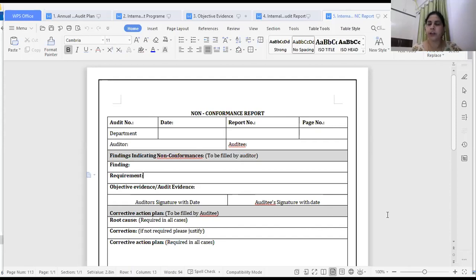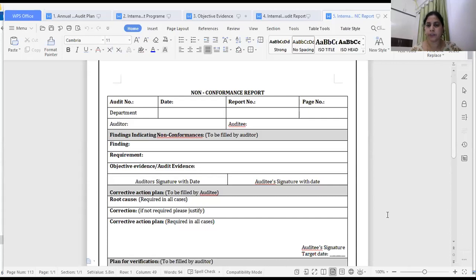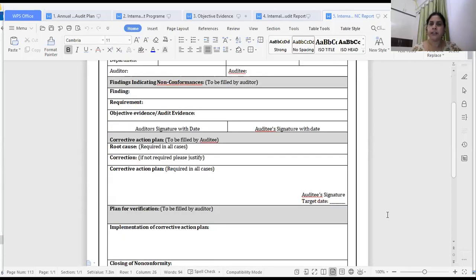And how is the auditee going to correct that? What is the correction plan, the action plan for that? Whom is he or she giving that responsibility to, or is he going to give you a flowchart saying that this is the way I'll work and I'm going to finish this particular thing by a target date?